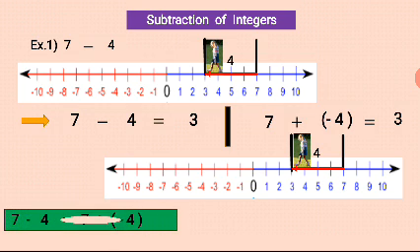See carefully here: 7 minus 4 is equal to 7 plus negative 4. 4 and negative 4 are two opposite numbers.